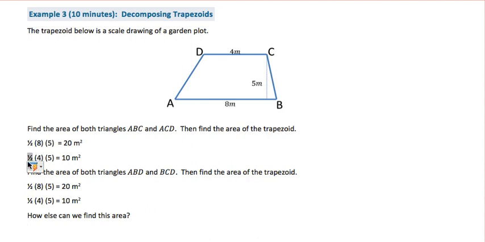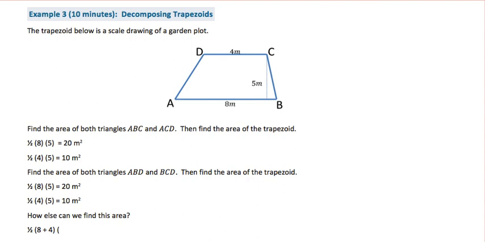We're multiplying 1/2 in each case, and we're also multiplying by 5, our height, in each case. So 1/2 is being multiplied times 8 and also times 4. Thinking back to the distributive property, we could do something like this: 1/2 times 8 plus 4. Those are those 2 different numbers that we're multiplying by.